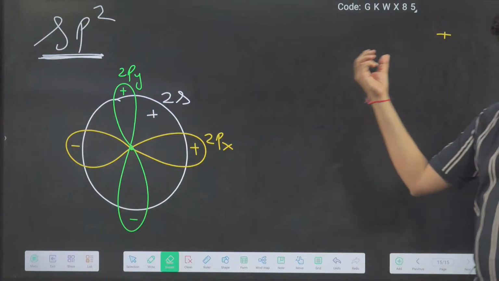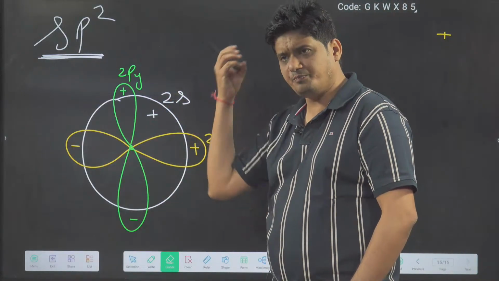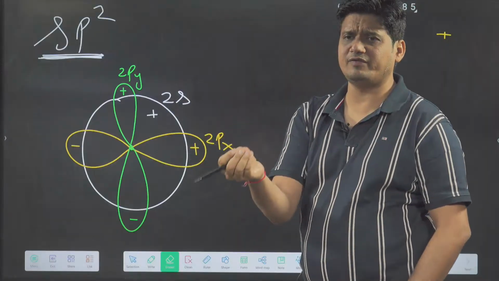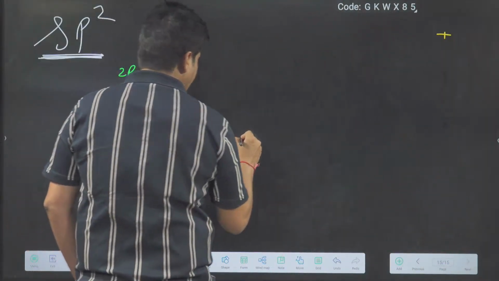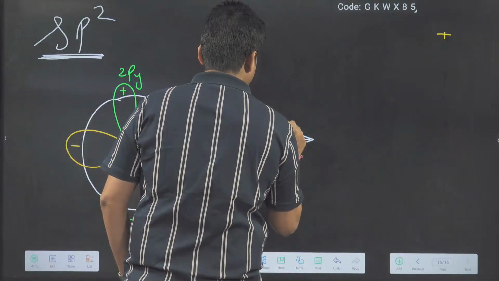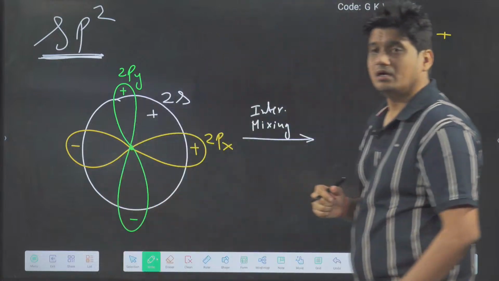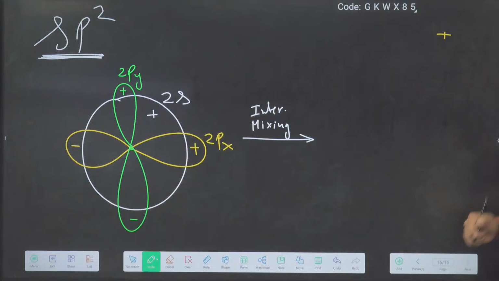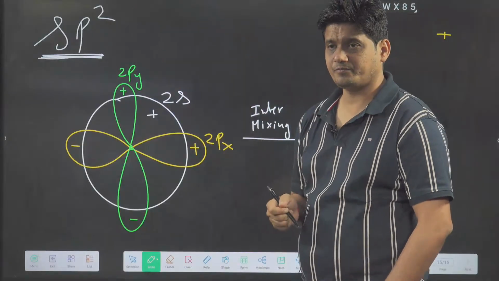You can observe from this picture clearly that they belong to the same atom. This is based on the basic fundamental definition of hybridization. Now they are going for intermixing. When they are going for the mixing, what will they produce?